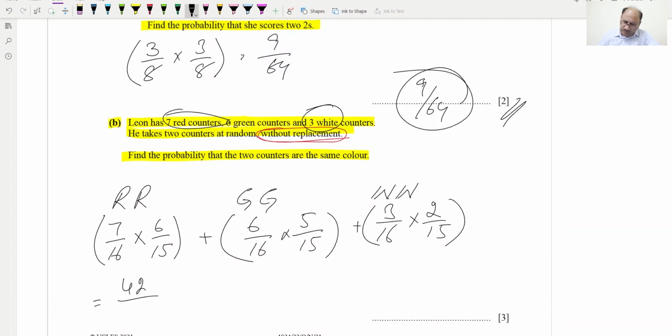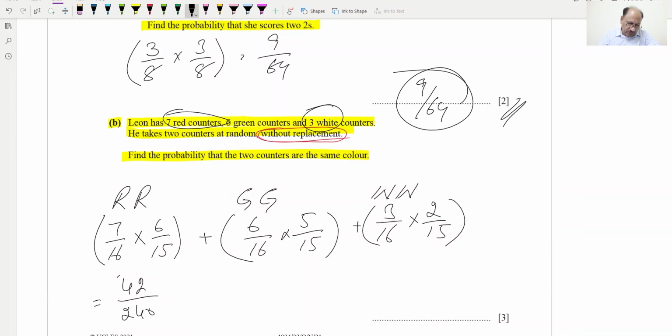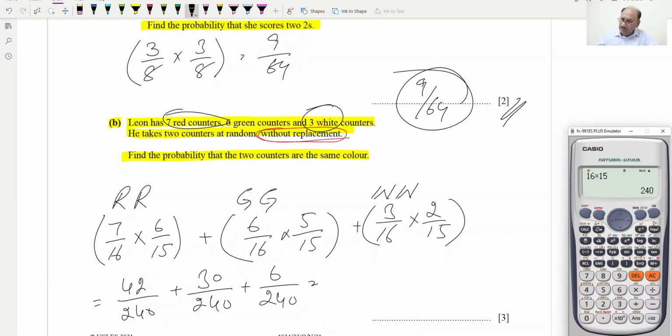To simplify this, it will be 42 over 16 multiplied by 15, which means 240. So we can write this one. Plus this will be 30 out of 240, and plus this will be 6 out of 240. So 42 plus 30 plus 6 is equal to 78.